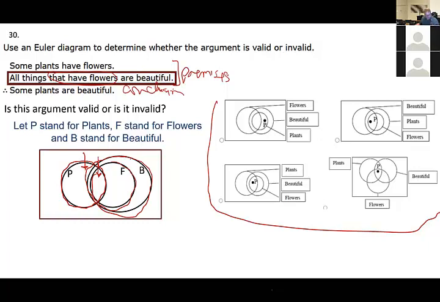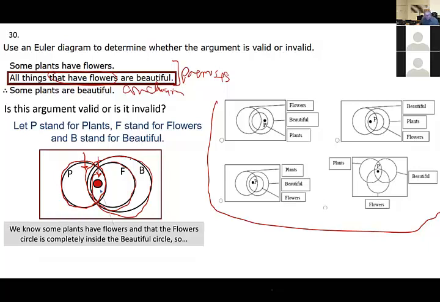Now look at the conclusion. The conclusion says, so some plants are beautiful. So think about the idea of putting a dot to stand for a plant. We know that some plants have flowers, and the flower circle is completely inside the beautiful circle.